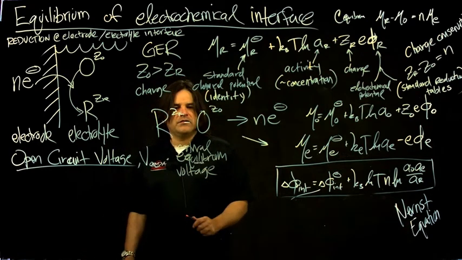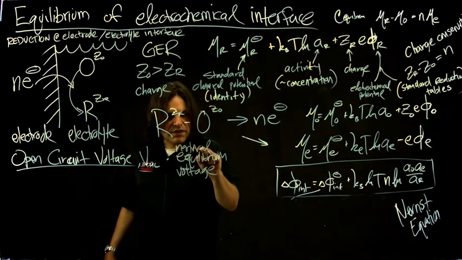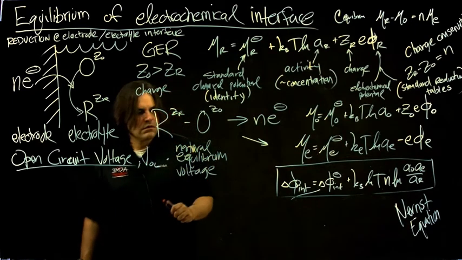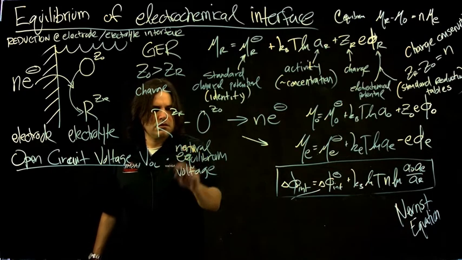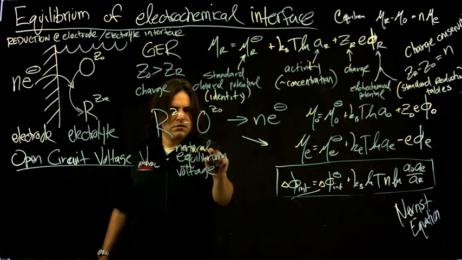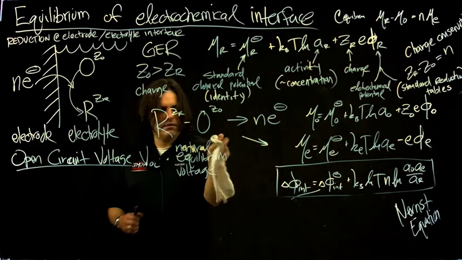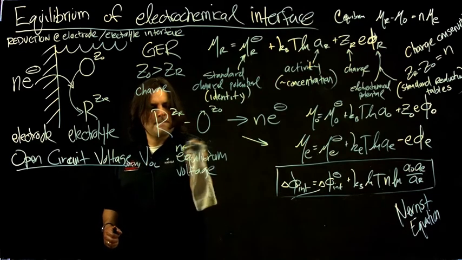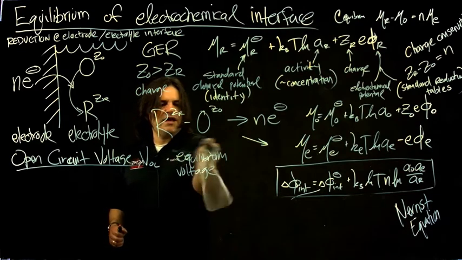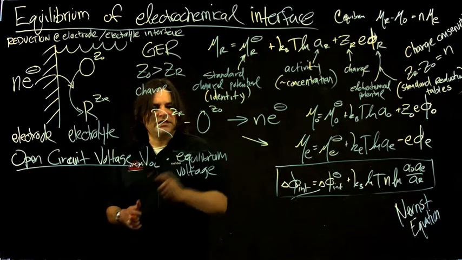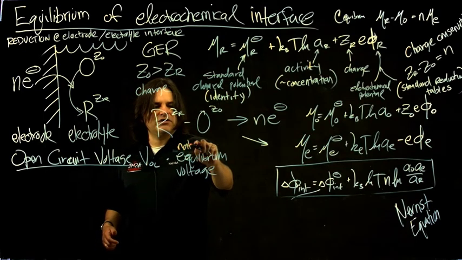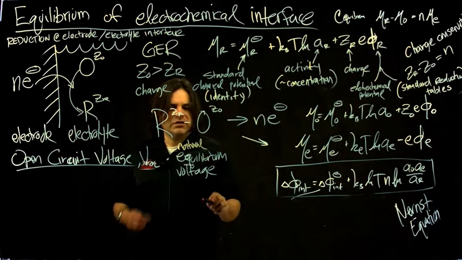It's hard to read this, natural. Rewrite it. So if we didn't have any current flowing, it'll be the potential just from combining these two electrodes together. Natural equilibrium voltage.